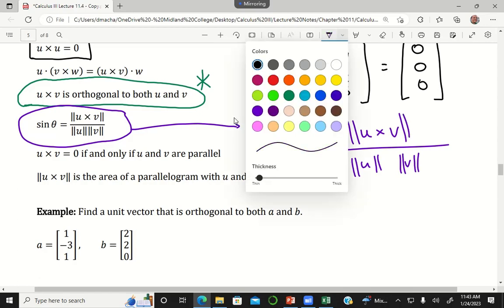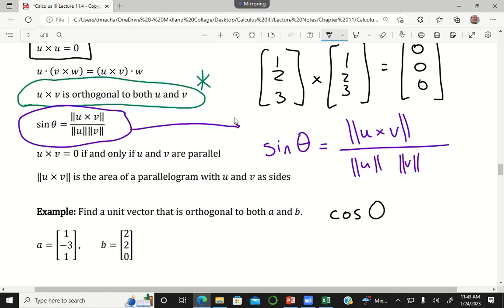So again, this should look really familiar because yesterday we talked this to death. U dot v over u norm v norm. That is what gave us cosine of theta. So if we replace the dot product with the cross product, we'd be in a situation where we had a vector. And so to get rid of the vector, we have to take the norm of the numerator, so that gives us a scalar, and then we equate that to sine instead of cosine. So that's a way you can keep track of both of those formulas.